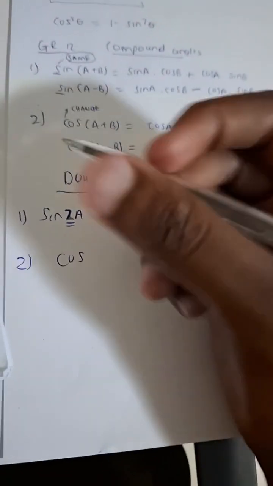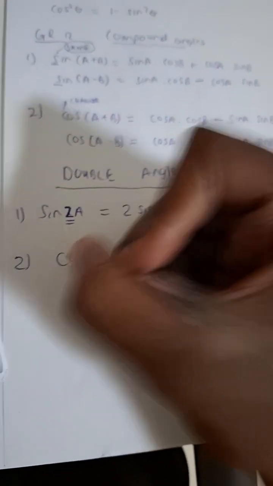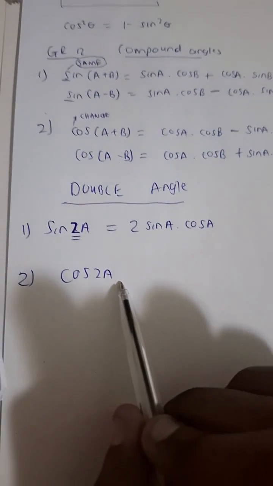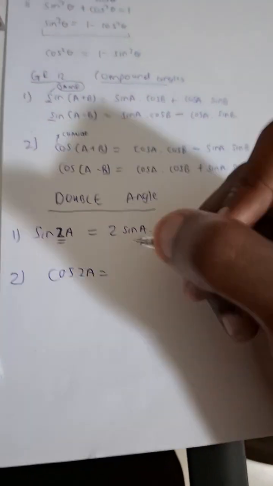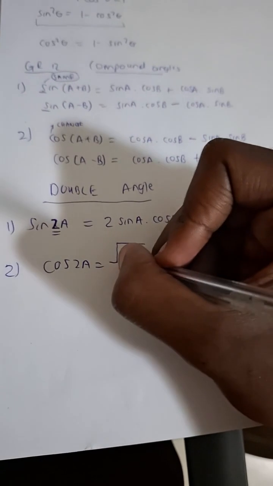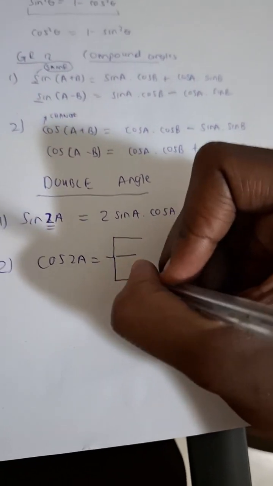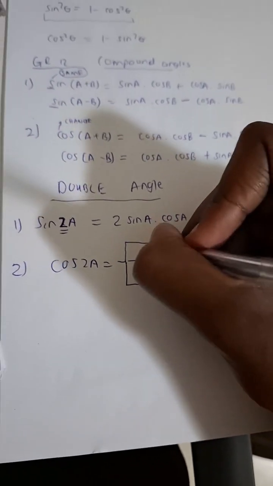Then we have the double angle of cos. The double angle of cos has basically 3 ways that we can express it, and we need to be familiar with all 3 ways.